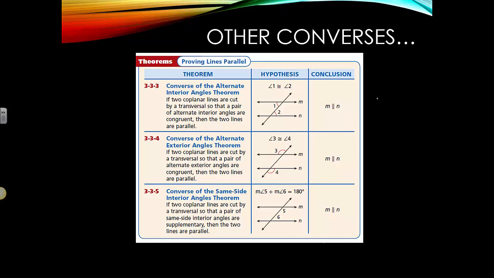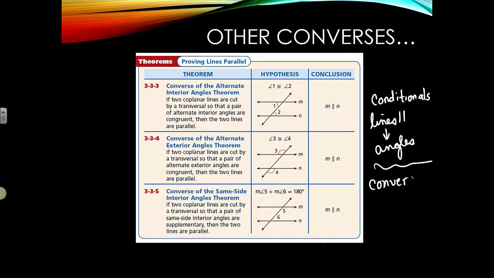So our original conditional statements from the previous lesson all say something about the lines being parallel, and then they lead you to conclude something about the angles. In these particular statements, the converses all say something about the angles, and then they lead you to conclude that the lines are parallel. It's the converse.